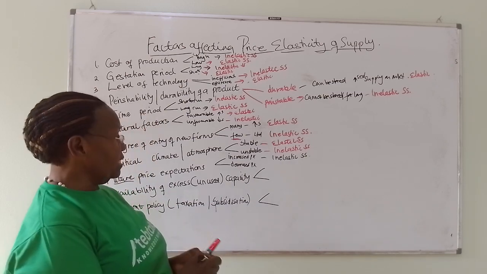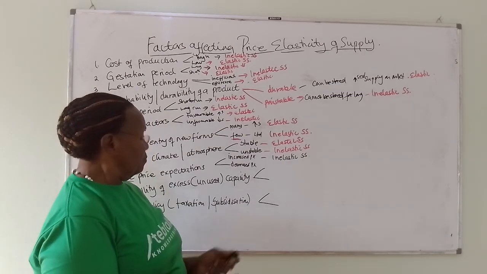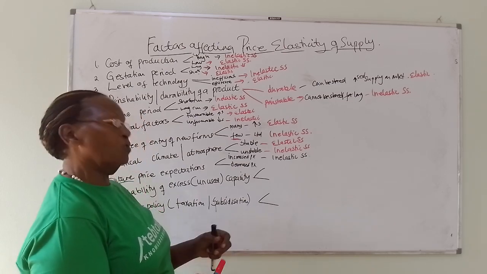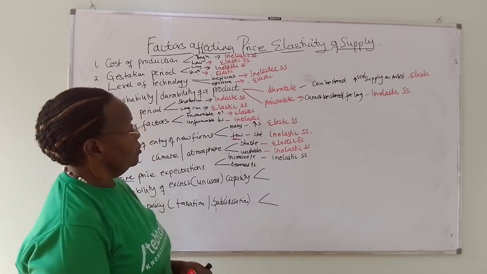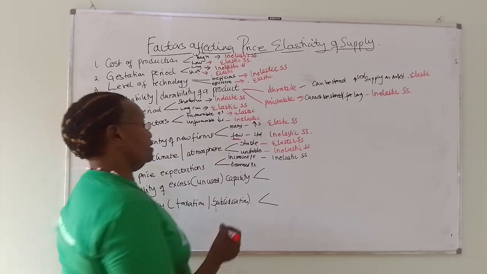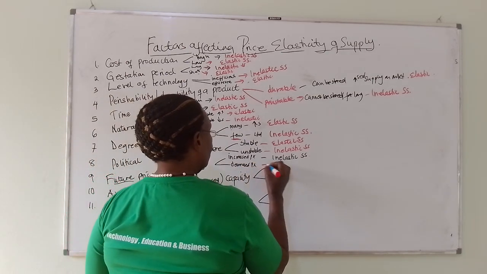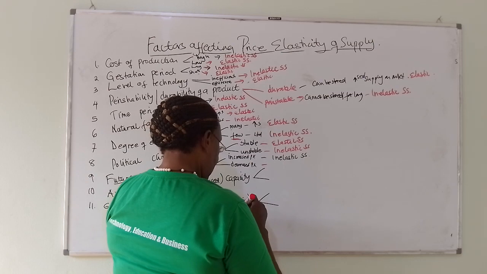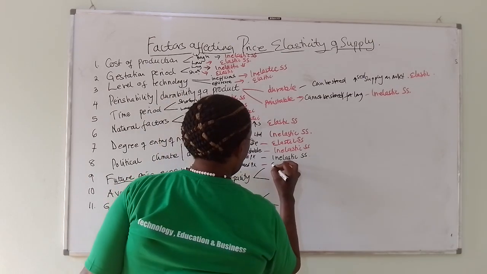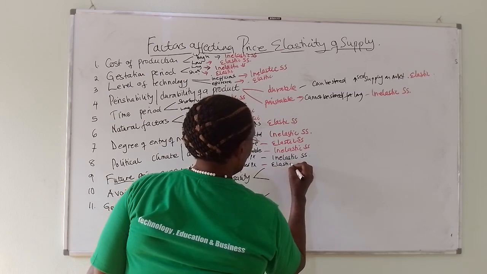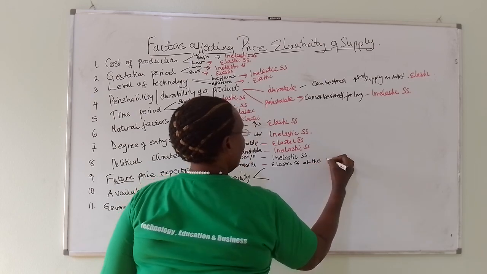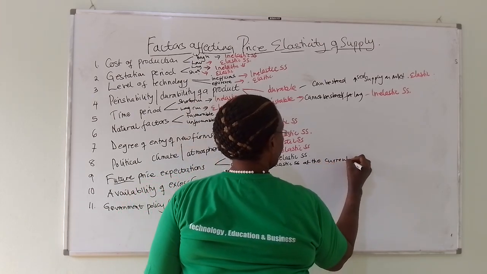Yet when they expect a decrease in price, nobody wants to make a loss. Maybe after Christmas prices are going to fall. You find that definitely you are going to increase the supply of that commodity now. If you expect a decrease in price, the supply is going to be elastic when the price is still high, at the current price.